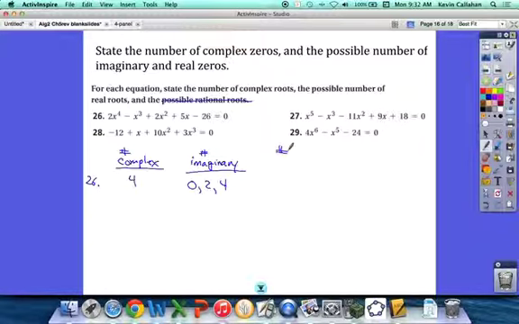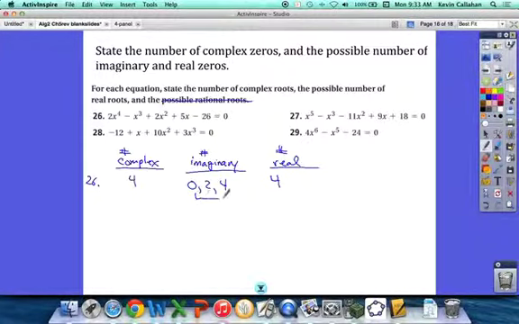Remember, real numbers plus imaginary numbers make up complex numbers. So the number of real zeros has to be what's left, right? For example, if there's 4 complex zeros and none of them are imaginary, how many of them must be real? 4, right? The difference.